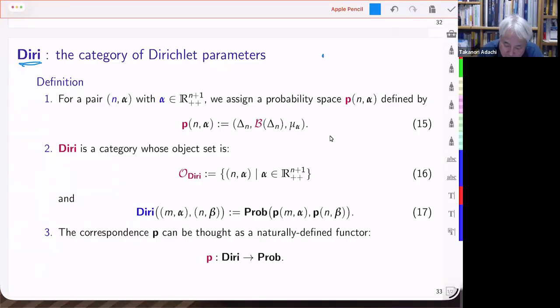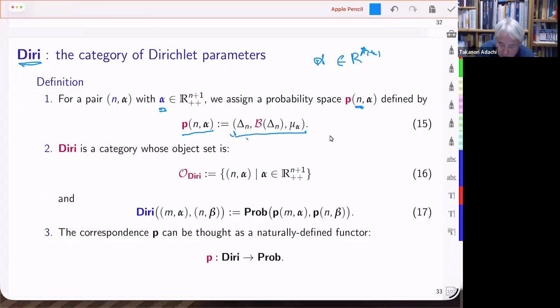So we concentrate on the parameter alpha, which is a sequence of n plus one positive numbers, and this is of course (n, alpha). Then we can define the probability space P_(n,alpha), which is defined like this.